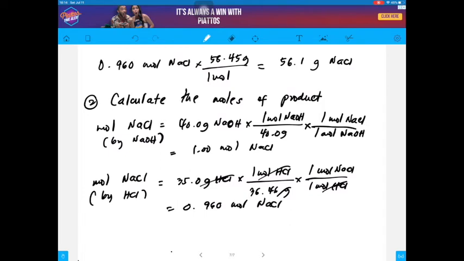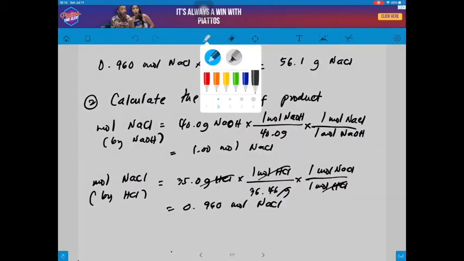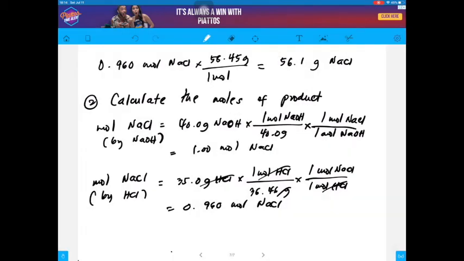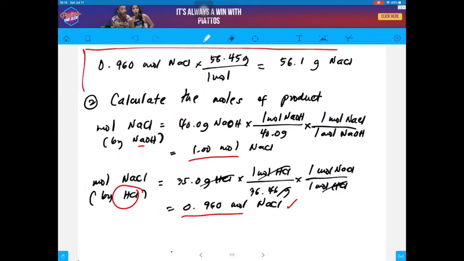Remember that the reagent that produces the least amount of product is the limiting reagent. So in this case, the limiting reagent is the hydrochloric acid since it produces the least amount of product compared to sodium hydroxide. Finally, we can calculate the mass of the product using the moles of product calculated. So you will have the same answer afterwards.